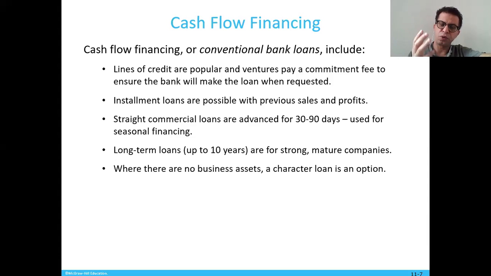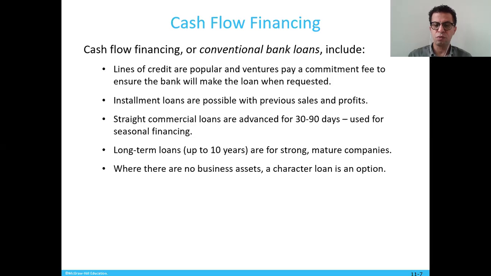The long-term loans, usually up to 10 years, are for strong, mature companies. Usually a bank doesn't give a 10-year loan unless you have a strong and mature company, or you have collateral that they can take over.